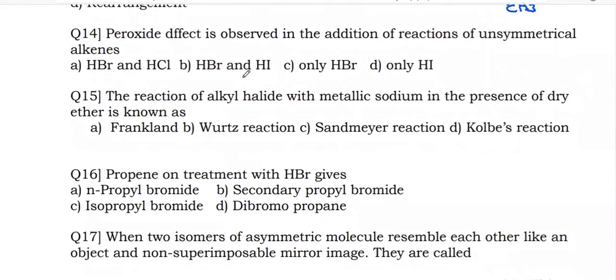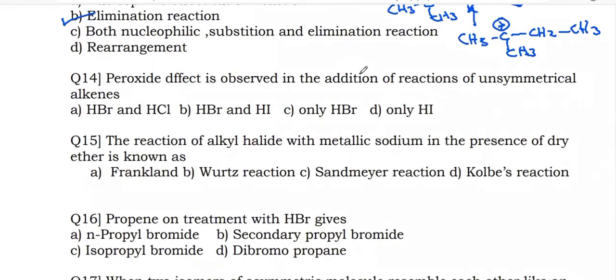Question number 14, peroxide effect is observed in the addition reaction of unsymmetrical alkene. For the peroxide effect we require the presence of peroxide and HBr. So it is applicable only for one halo acid, that's HBr. Question number 15, the reaction of alkyl halide with metallic sodium in the presence of dry ether.